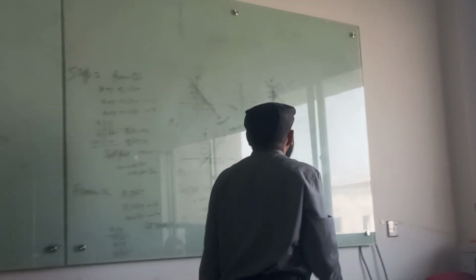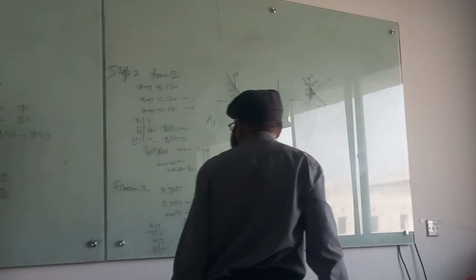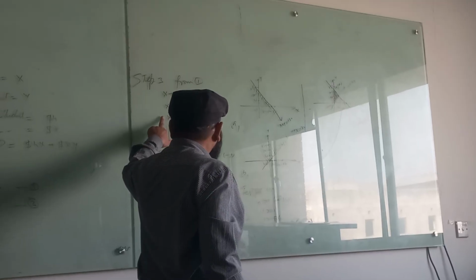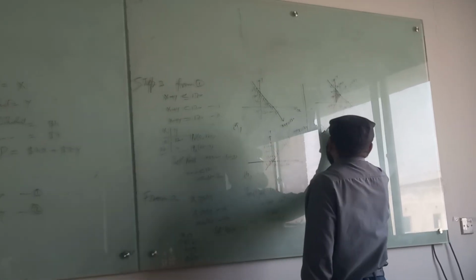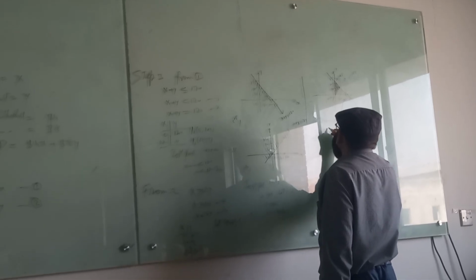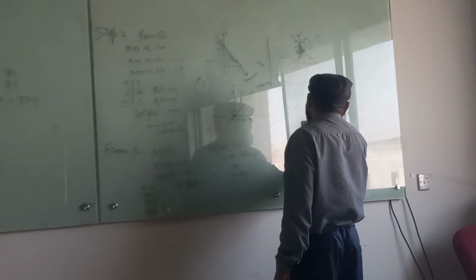Okay. How can we find these vertices? By solving these two, this one and this one. Again solve x plus y equal to 120 and x minus 2y equal to 0. Subtract: 3y equals 120, y is equal to 40.